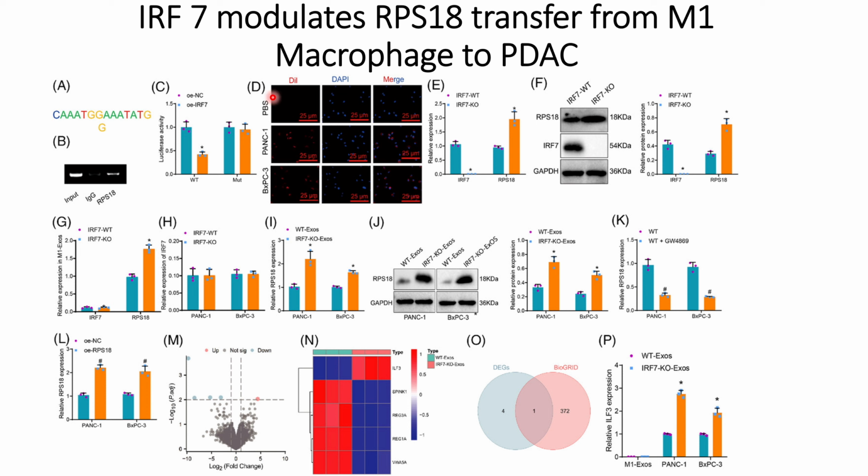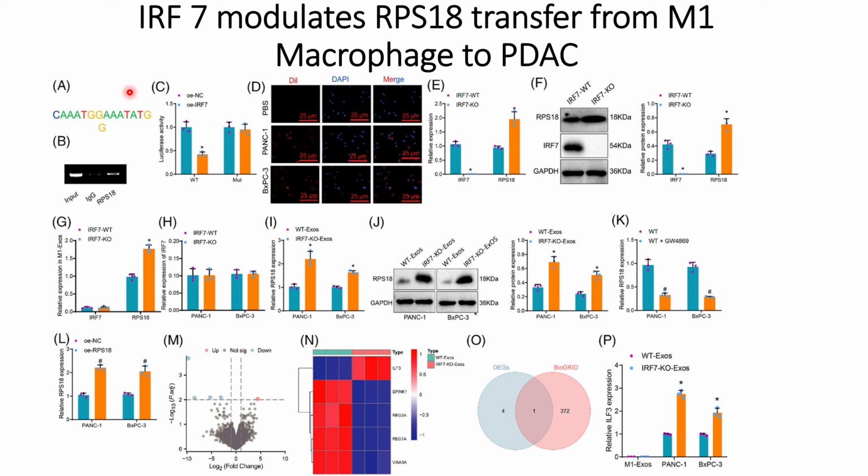So let me first define how the experiment is done. In this panel C, they co-transfected IRF7, and also a fluorescence reporter combined with the binding region of the RPS18 promoter.